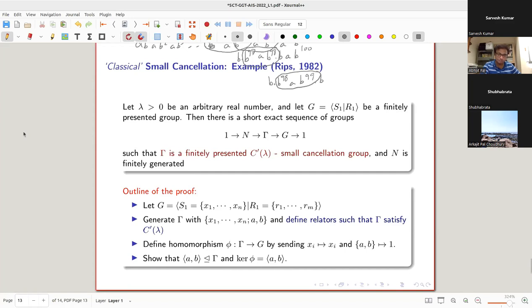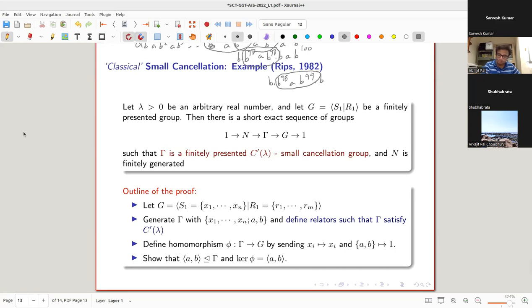It was a long-standing question asked by Mahan Mj, whether Cannon-Thurston maps always exist in the proper context when it is defined, I mean, when it can be asked. That question was answered negatively by Baker and Riley, and the construction is again through some small cancellation group, very closely related to this type of construction.